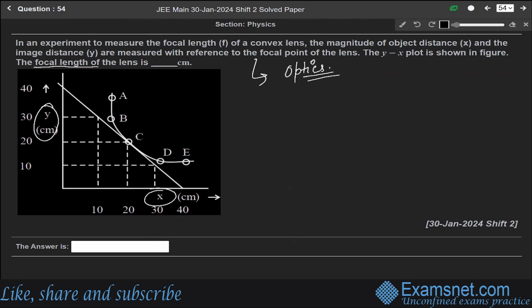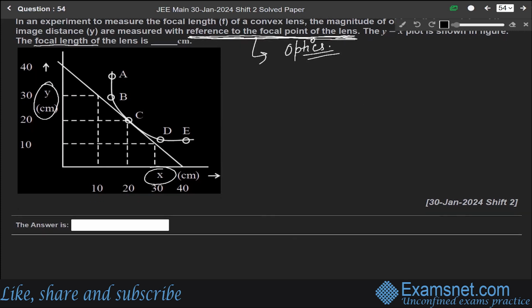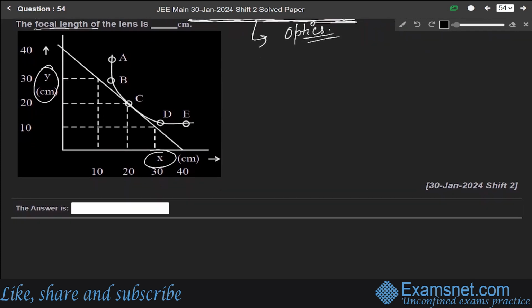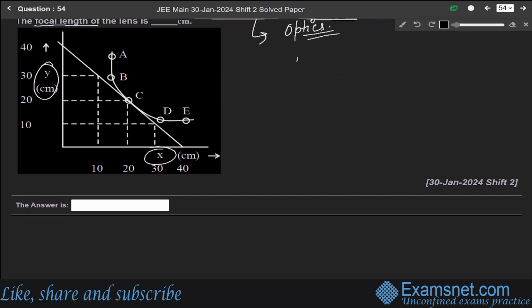Since we are given distances with reference to the focal point of the lens, we have to consider this reference of the focal point. According to this, using the general formula for finding the focal length, 1 over v minus 1 over u equals 1 over f.